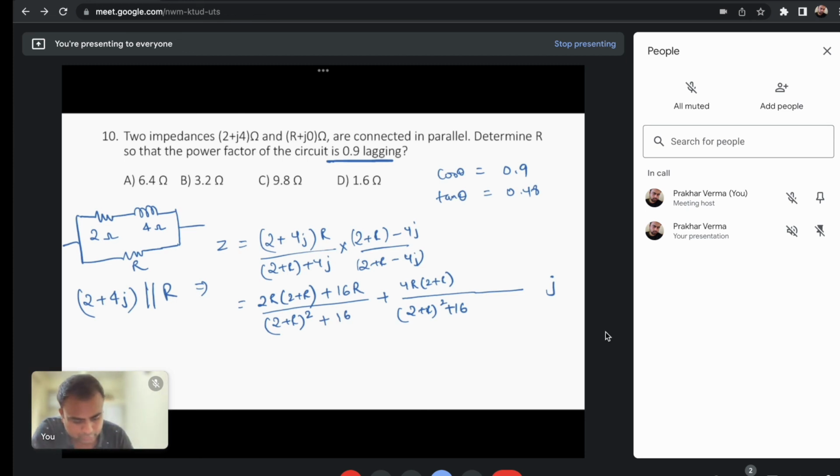Everything is done now. 4jR multiplied by 2 plus R. The other 2R term has already been multiplied here.